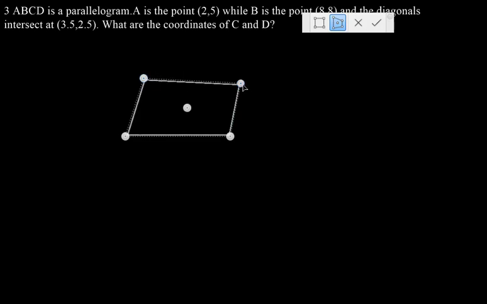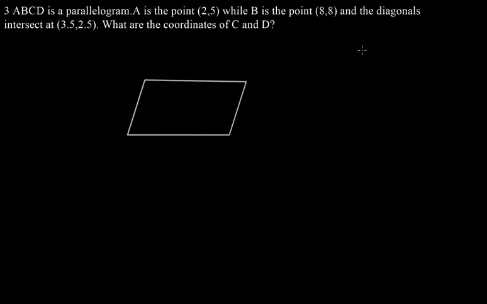Okay, so a parallelogram is a shape that looks something like this, and we've been told it's got points A, B, C, and D.